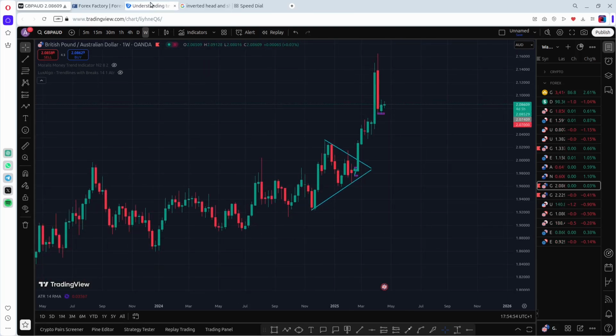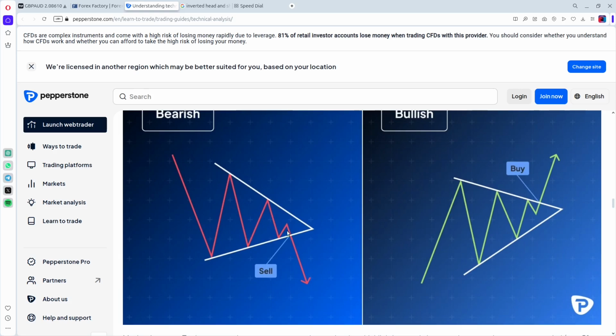Most of the times, if I should get us back to this triangular pattern, the way it looks like, when you have a triangle pointing downwards, it simply means when it breaks either of these lines, okay, it starts going down drastically. If it breaks the downer side, that definitely indicates a very strong bearish momentum. Likewise, if it actually breaks the upper side, it indicates a very strong bullish momentum.